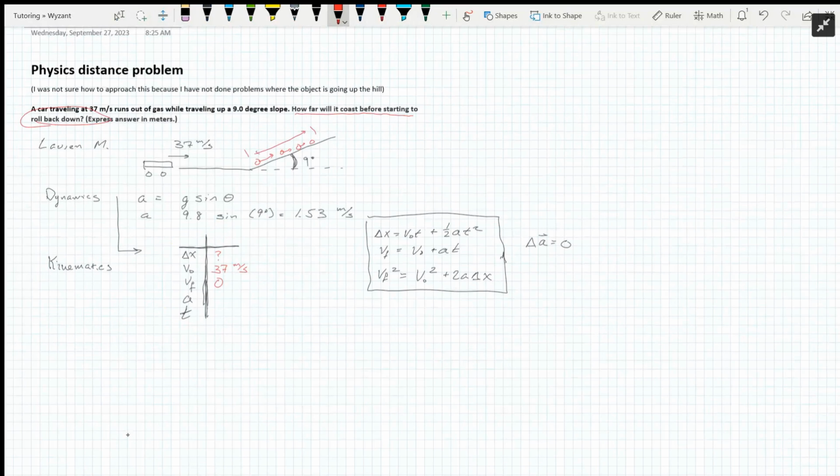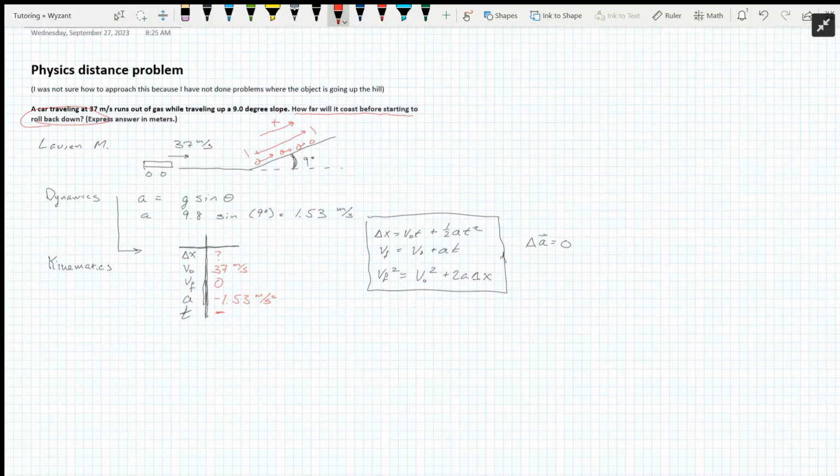Our acceleration, we said, was negative 1.53 meters per second squared. Now you might ask, how does it get negative? It's not negative here. Well, if this is the positive direction, that means that the acceleration is negative down here. As far as the time, we're not given the time, but we're also not asked about the time either.